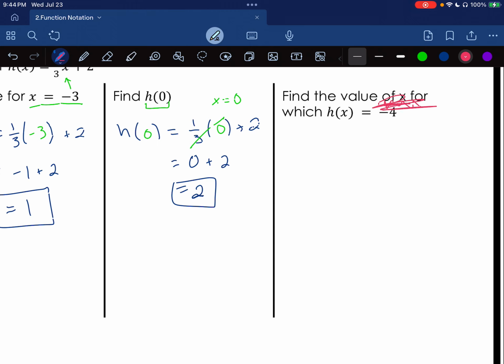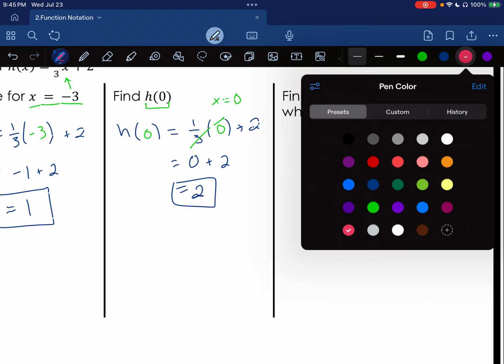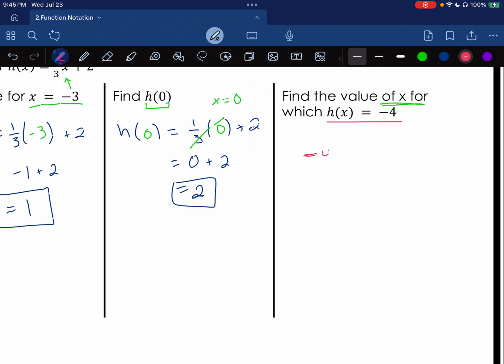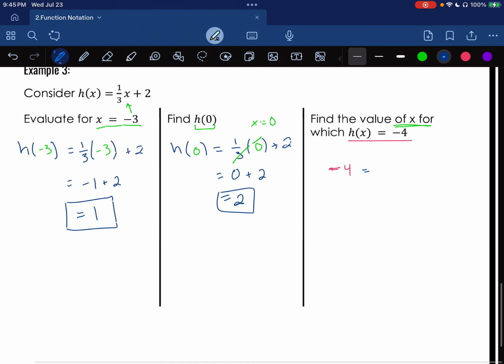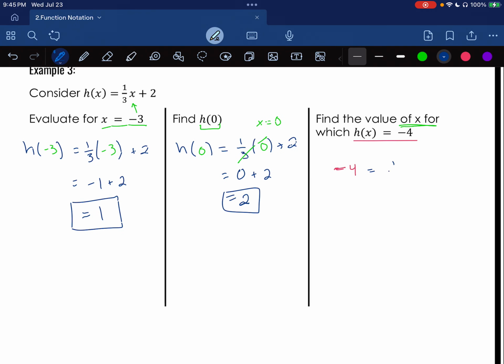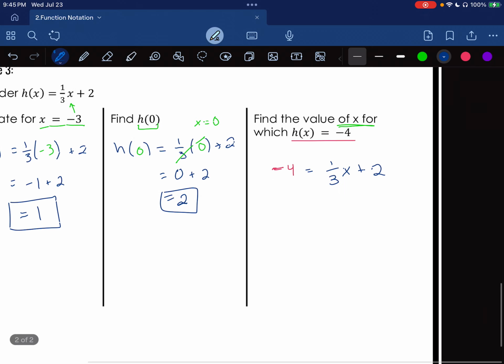So what that means is I'm going to have -4 equal to my function h, so 1/3 x plus 2. And now we're going to solve for x like we have been doing all last chapter. That just looks like it's written really poorly, so I'm going to rewrite that whole thing. Bear with me.